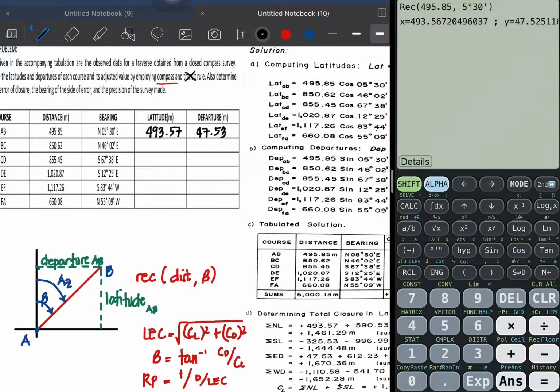Okay, next line is 850.62. Angle is 46 degrees 2 minutes. 590.53 and then 612.23.